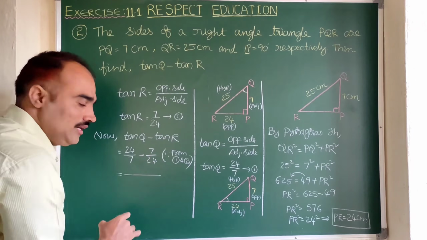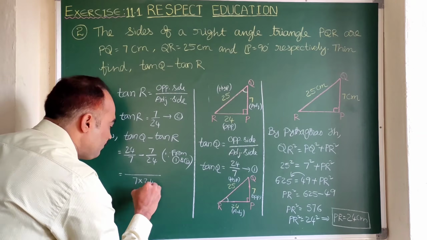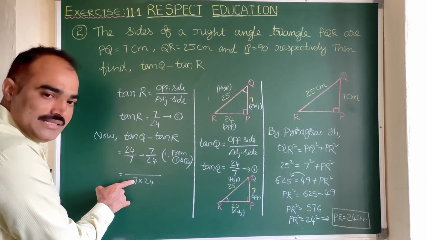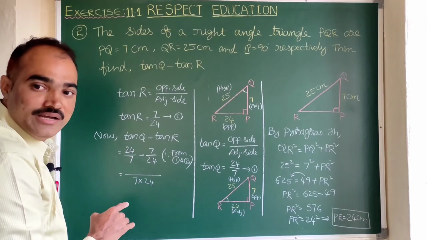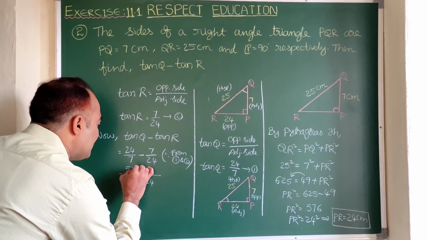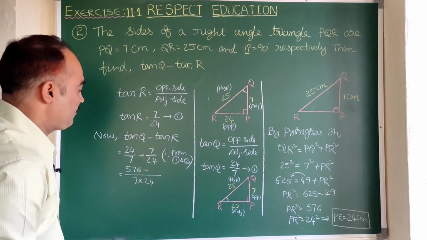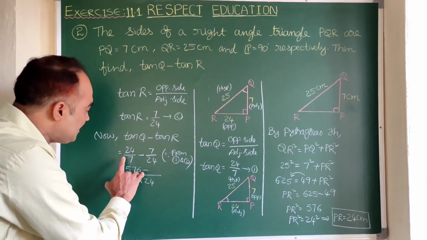So 7 into 24. 7 gets cancelled. 24 into 24 is 24 square, which is 576. So here 576 minus, here 24 gets cancelled, 7 into 7, which is 49.